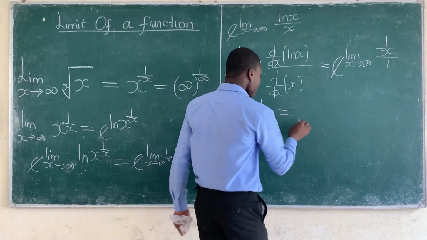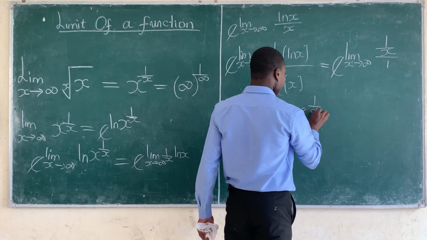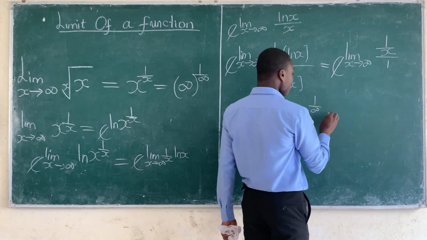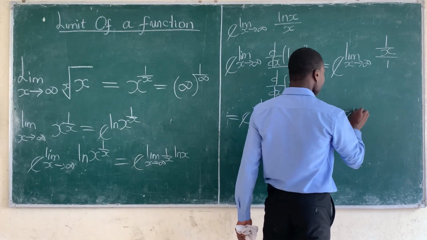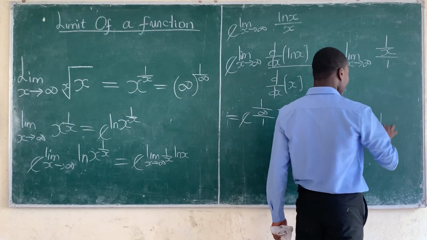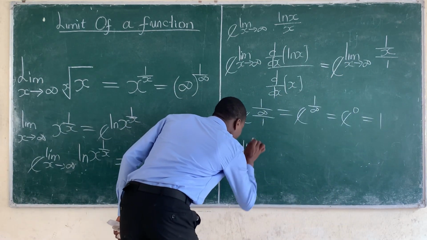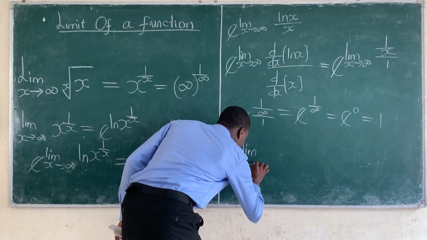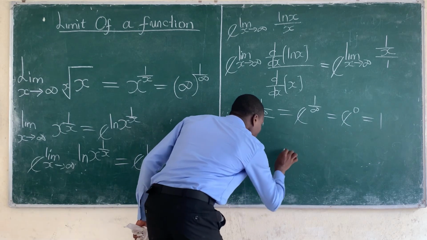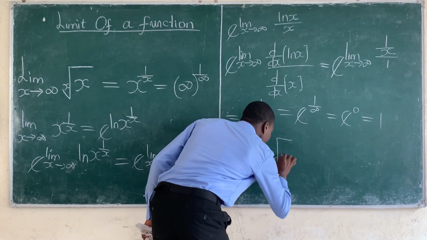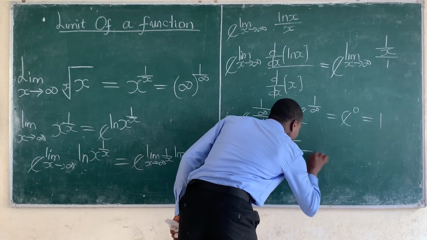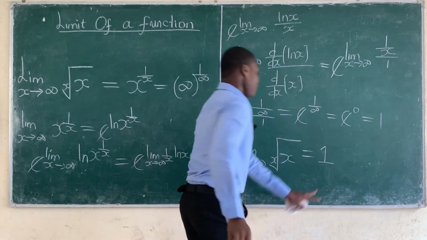And this is the same thing as saying e to the 1 over infinity. And 1 over infinity is 0. So we have e to the 0 power, and this is equal to 1. So therefore, the limit as x approaches infinity of the x root of x is equal to 1.